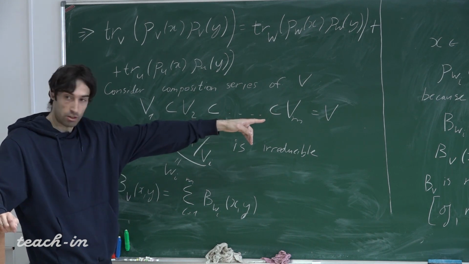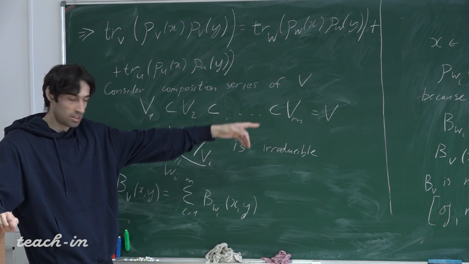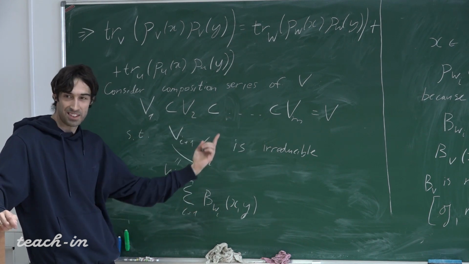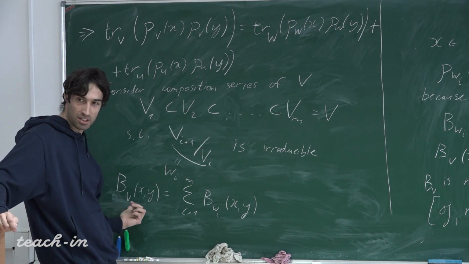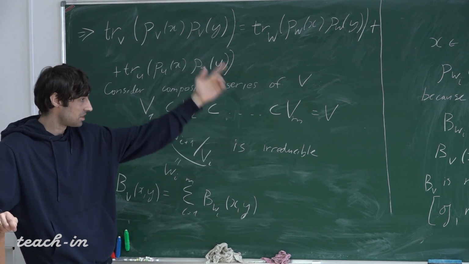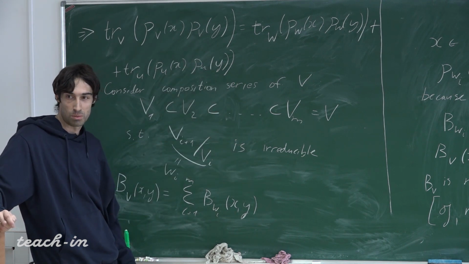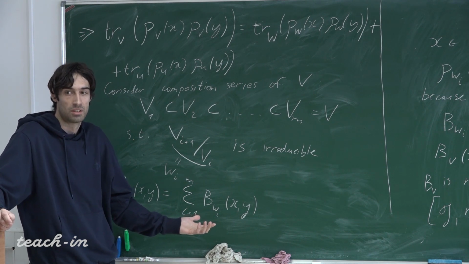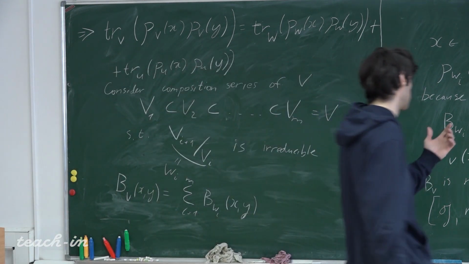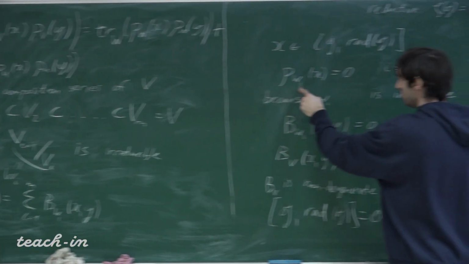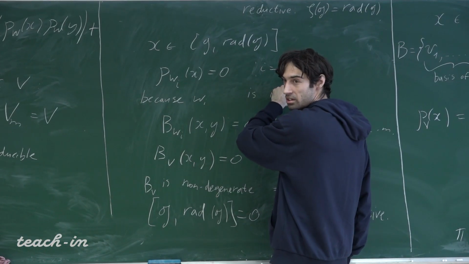Then V itself is irreducible. So in this sum there's only one term, which is Bv itself, right? But then the same argument works because V itself is irreducible. So if I take x from here, then rho V of x is 0, right?